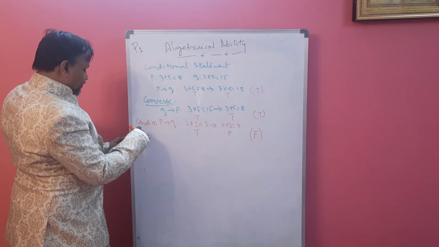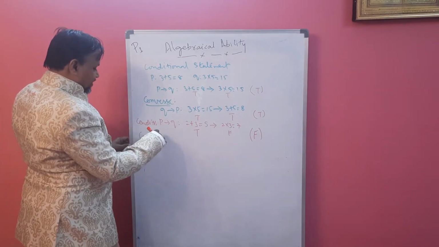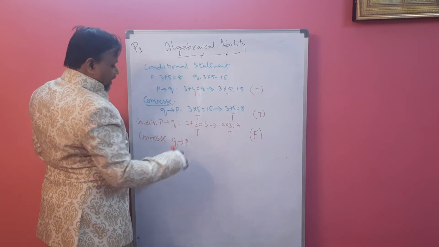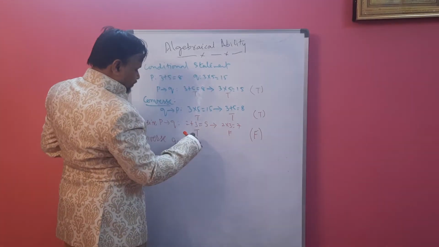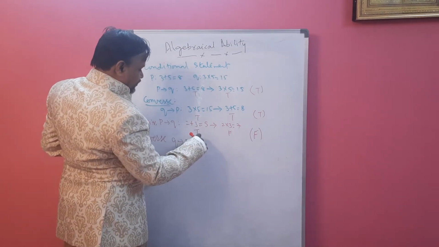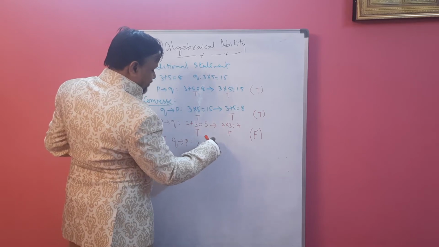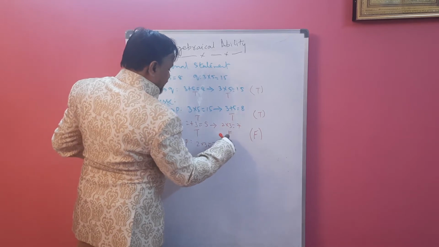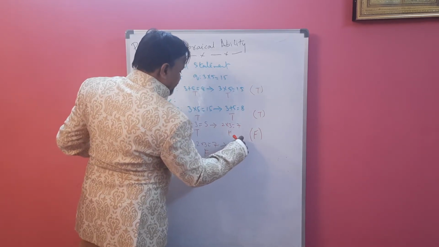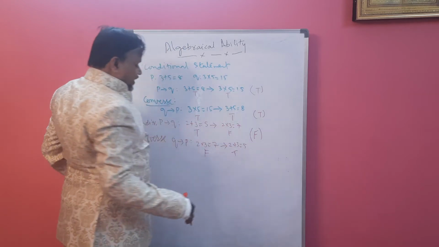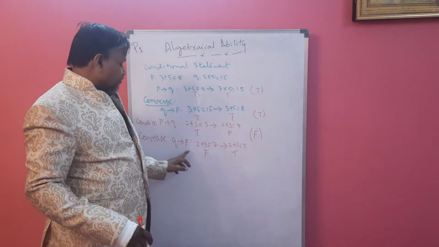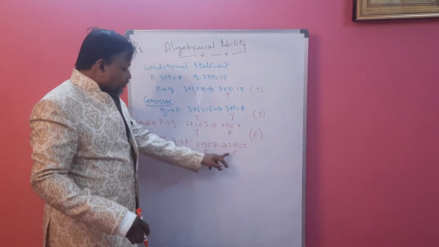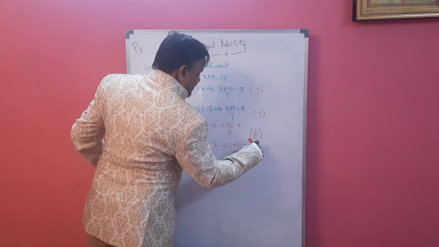Now see the converse of this. The converse is Q implies P, so we have to write the Q value first. Q is 2 into 3 equal to 7. This is a false statement. This implies 2 plus 3 equal to 5, which is a true statement. Now for implication, we have to see: here it is not true implies false. False implies true, you will get true.